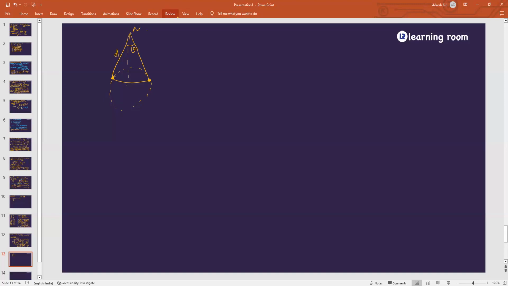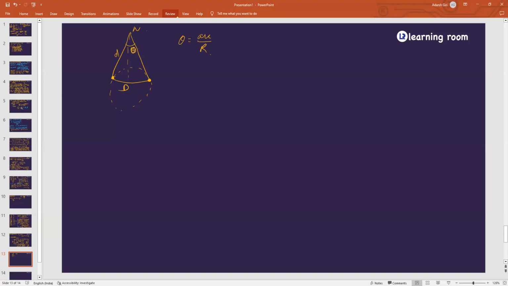We know the radial distance D. So can't we measure the diameter of that particular star? We all know that angle theta is equal to arc length upon radius, right? Yes or no? Yes, sir.